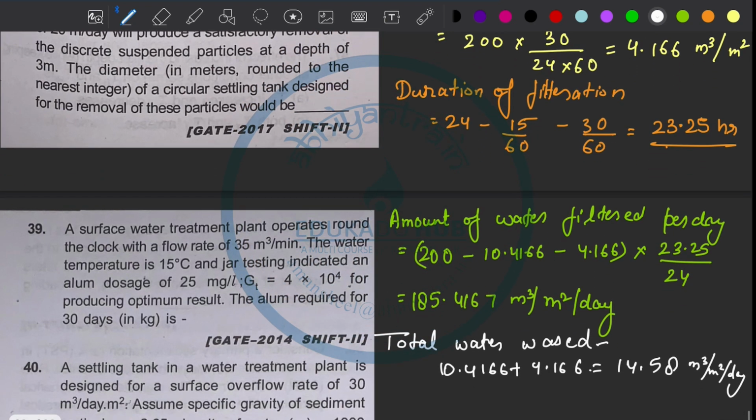Okay, so see, the total amount of water filtered per day is this much, total amount of water wasted is this much.